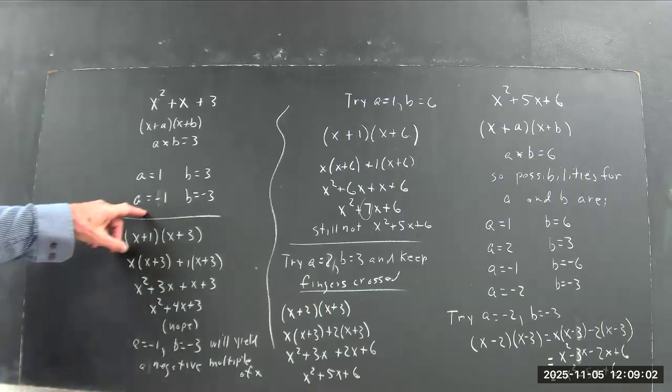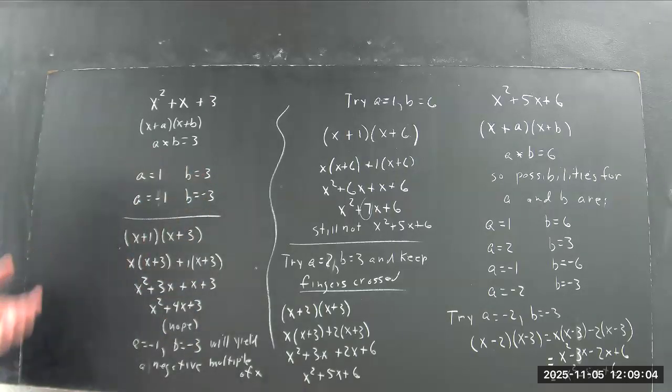The -1, -3, negative multiple of X, you're stuck. So you can't factor this over the integers.